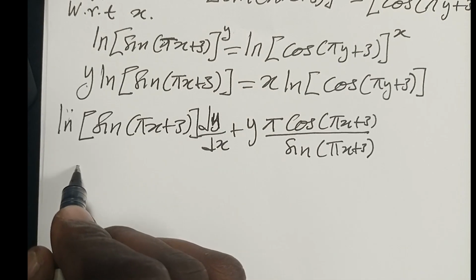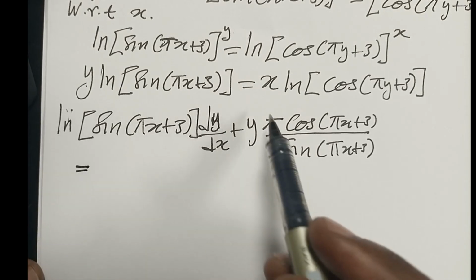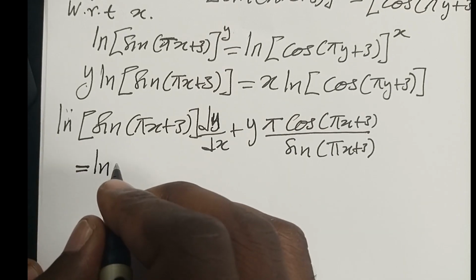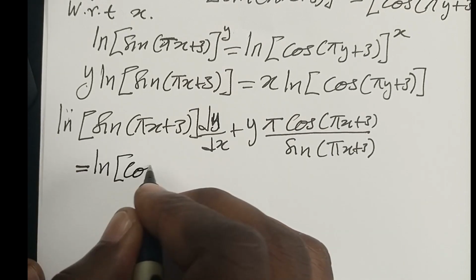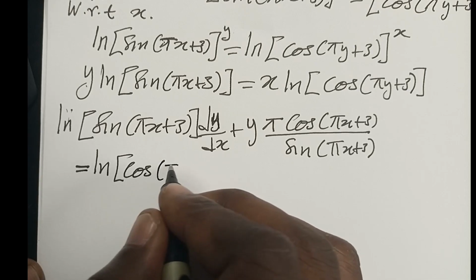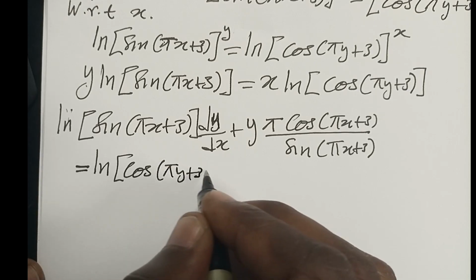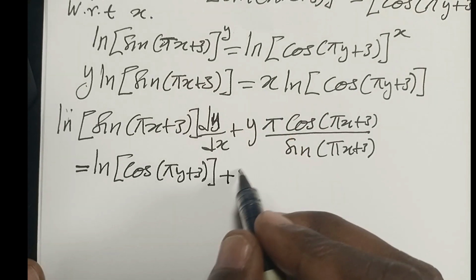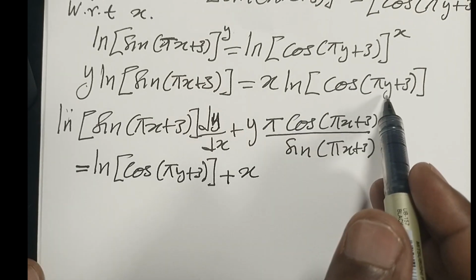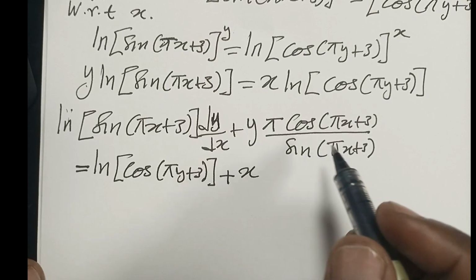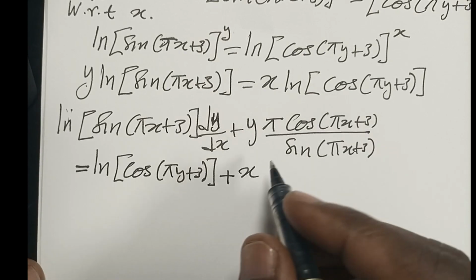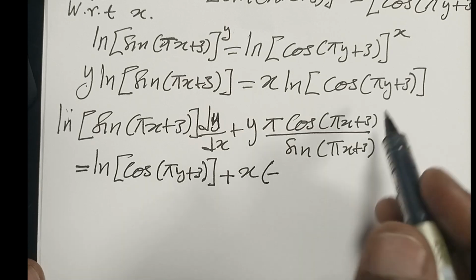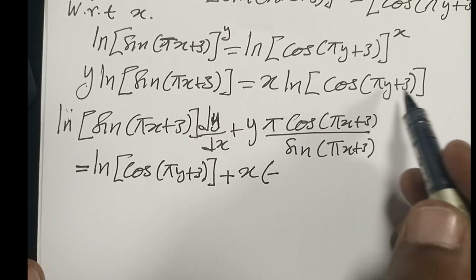Then everything is equal to, differentiate the first part here, you have the log of cos pi y plus 3, plus, keeping the x constant, differentiating the second part, we are going to have derivative of cos is of course negative, but first differentiate also what is inside here.